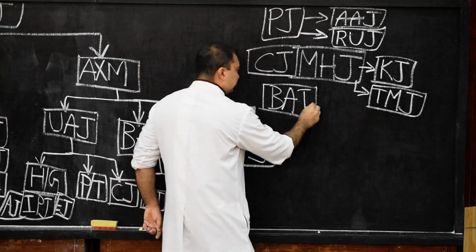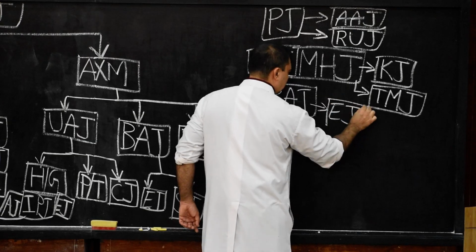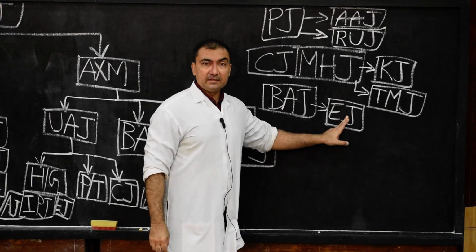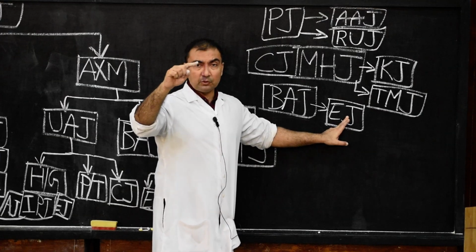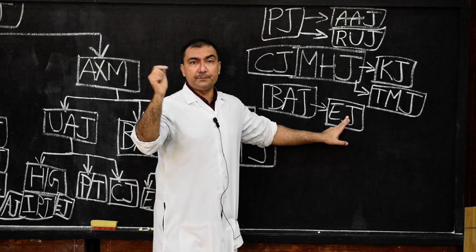In case of ellipsoid joints, the articulating surfaces will be very interesting. One side it is convex and elliptical, and the opposing side it is concave and elliptical.